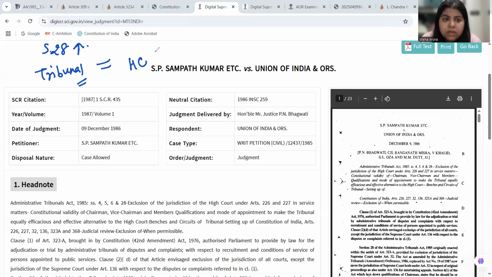Retired High Court judges, yeah, they do go to tribunal and they sit there. So why not make the tribunal a substitute of the High Court?